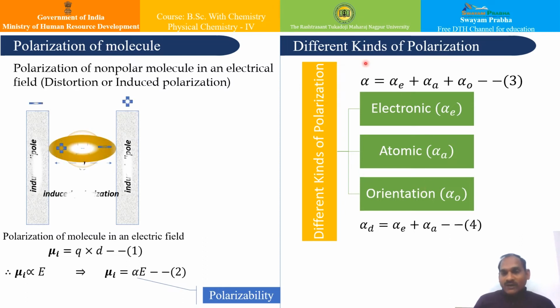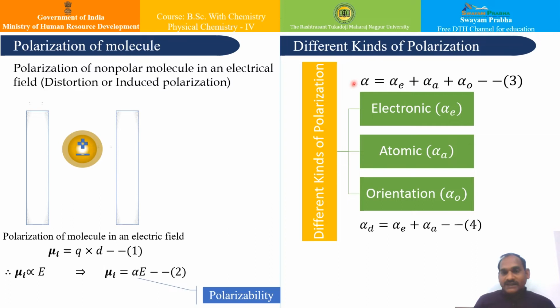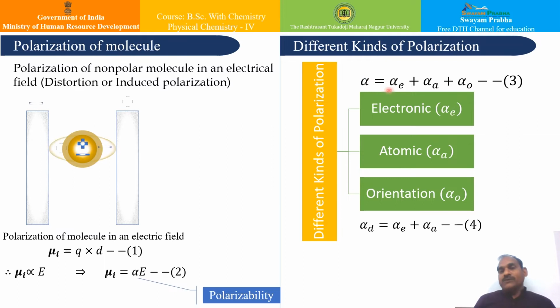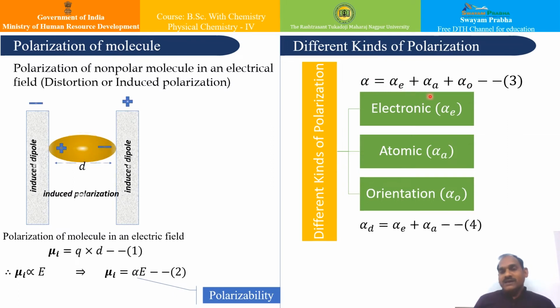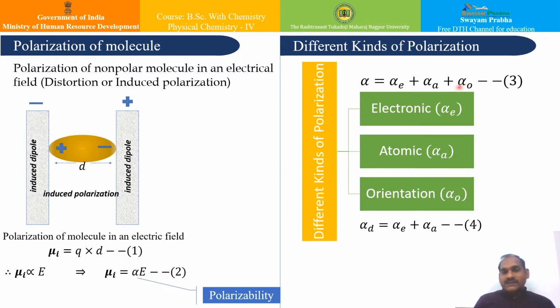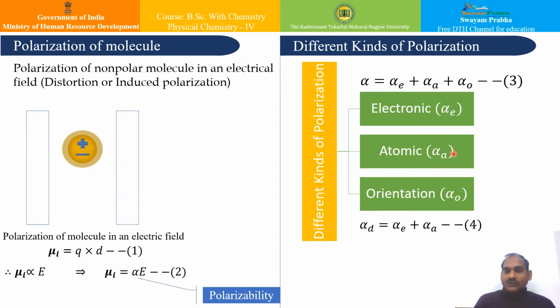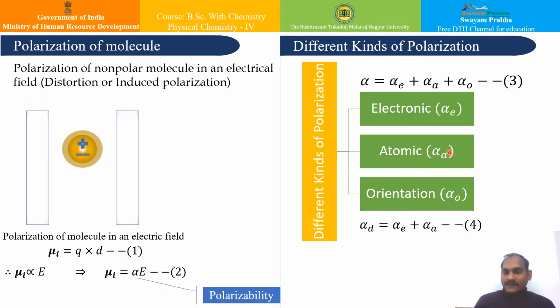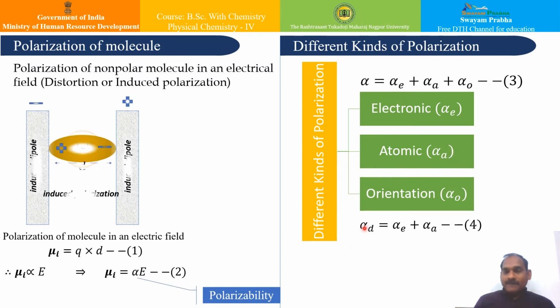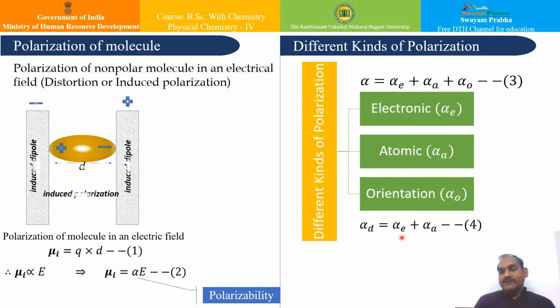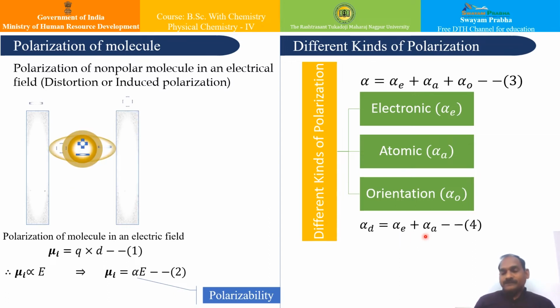Therefore the total polarizability, look at equation number 3, is the algebraic sum of the three polarizabilities: electronic plus atomic plus orientation polarizability. The electronic and atomic polarizabilities taken together refer to the distortion polarizability, usually represented as alpha D. Therefore alpha D is equal to alpha E plus alpha A.